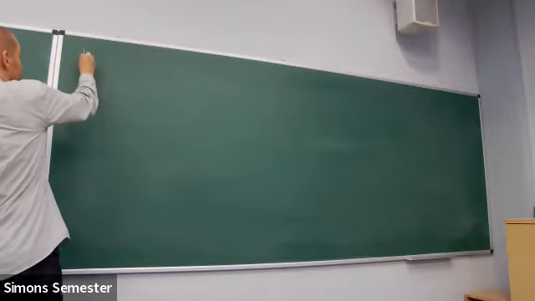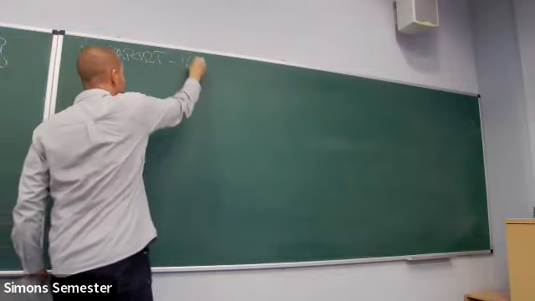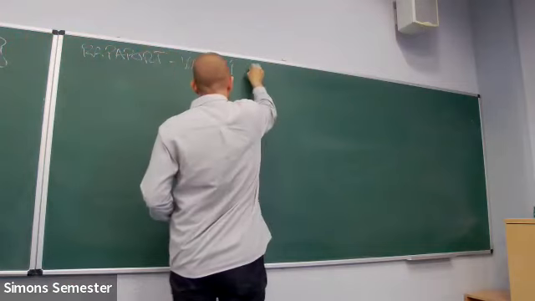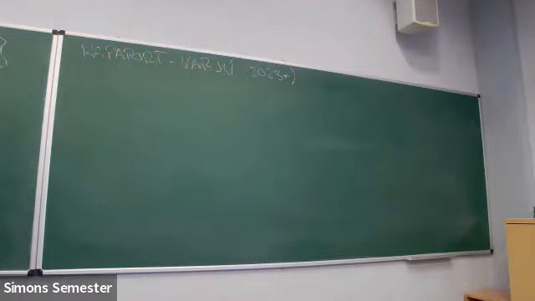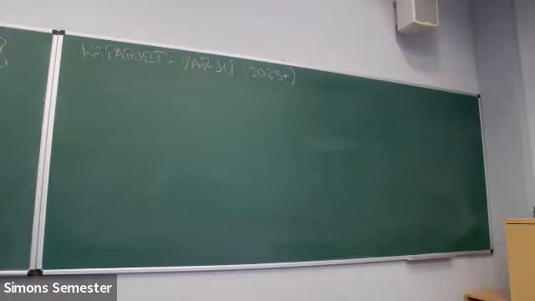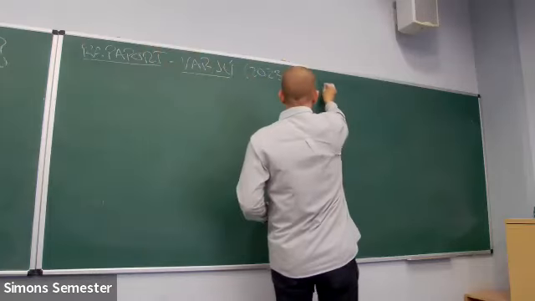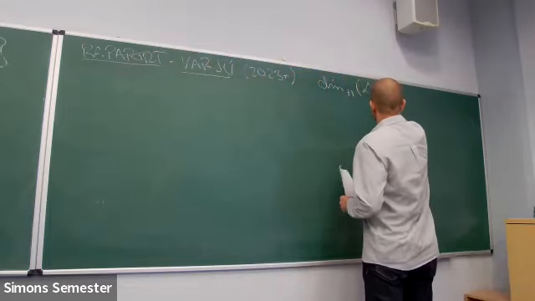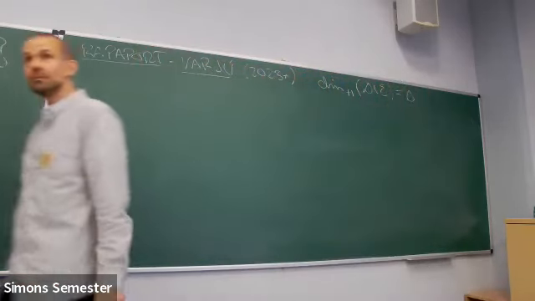And then there's a recent result, I think it's accepted currently, and it says that the Hausdorff dimension of D minus E is 0.